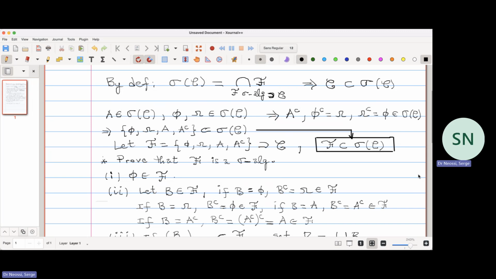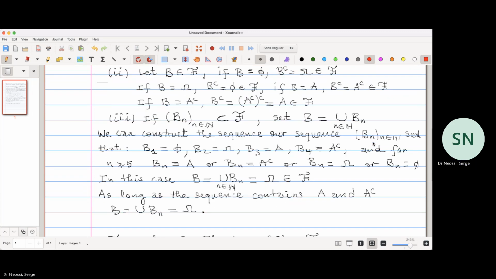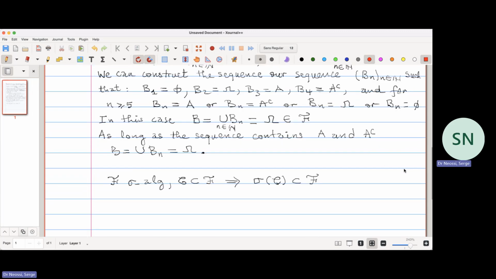So we have already seen from star, if I can call this star, that F is contained in the sigma algebra generated by C, and this last result gives us the inclusion in the other direction.